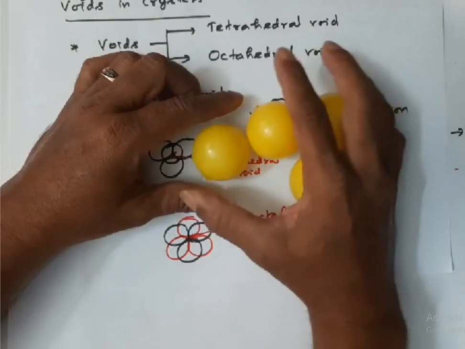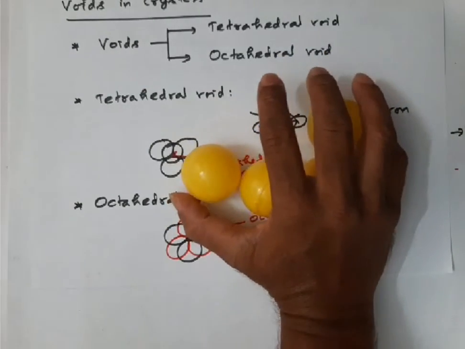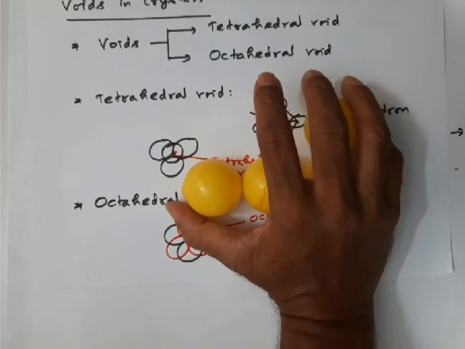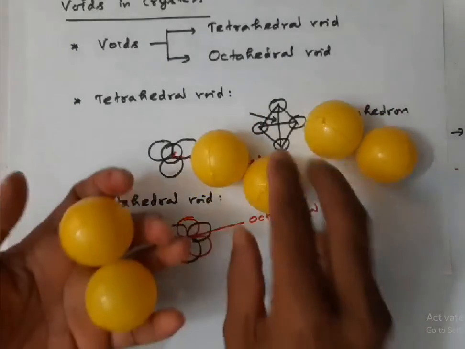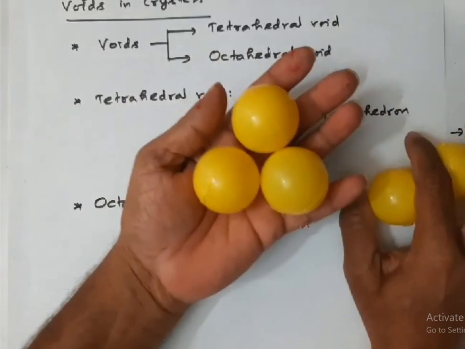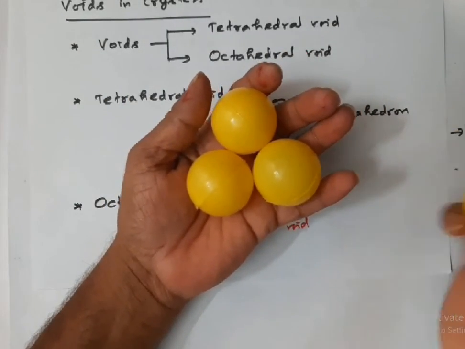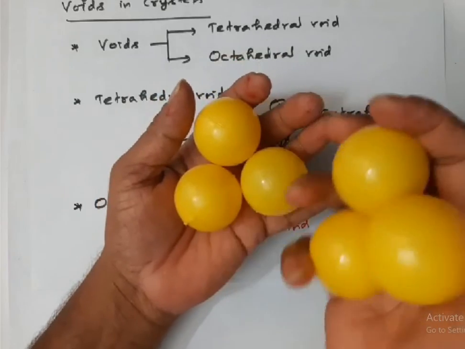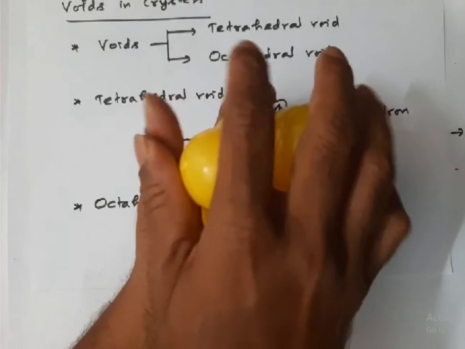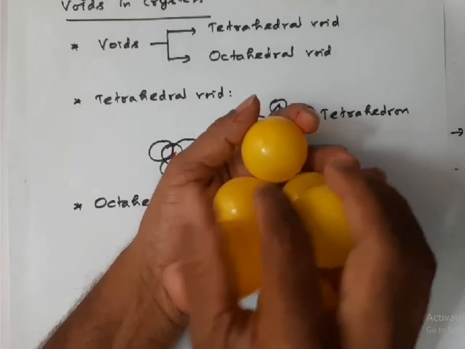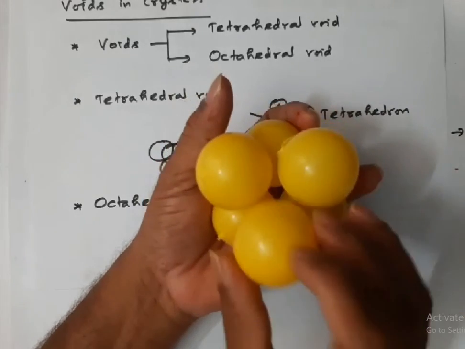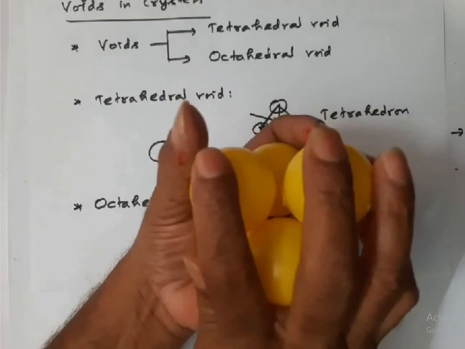Now let me show you octahedral void. We require two more balls. Let me take that. I took three balls like this, and I took three balls like this. Now I'm placing the balls in this manner. It forms a triangle. Now I'm placing the three balls above like this.